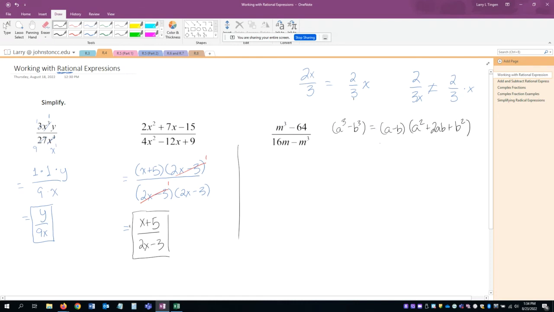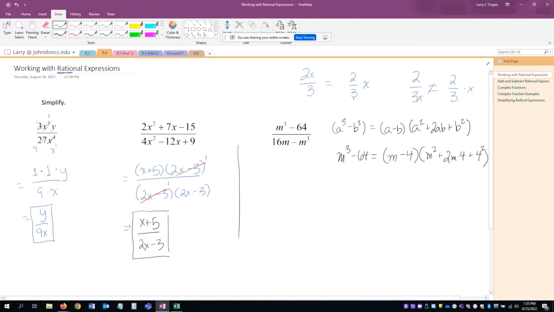So that means m cubed minus 64 is going to break down into m minus 4 times m squared plus m times 4 plus 4 squared.